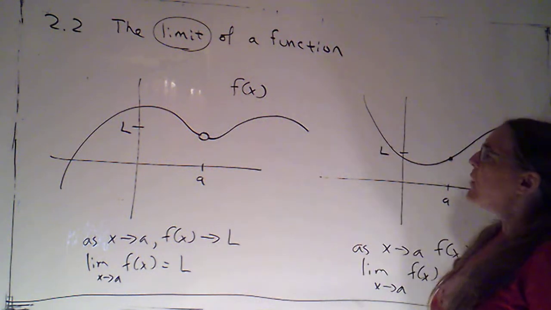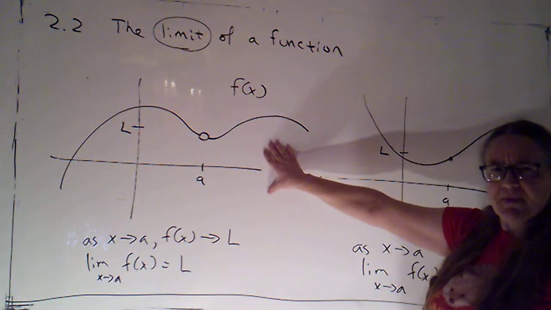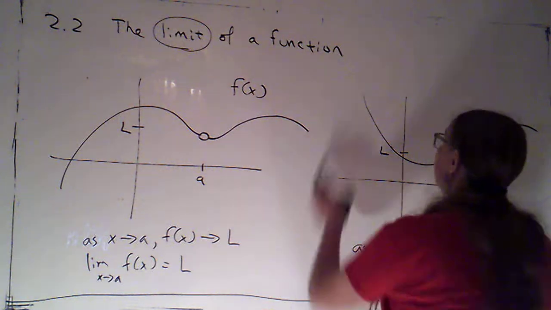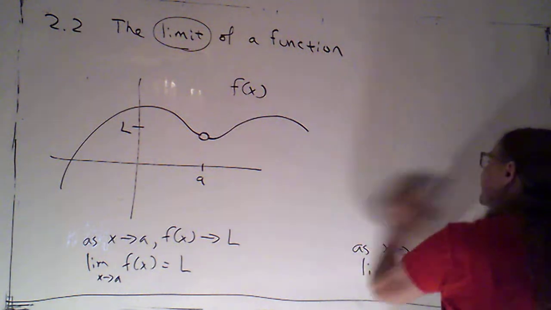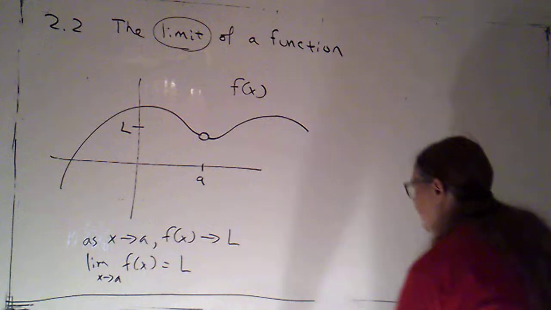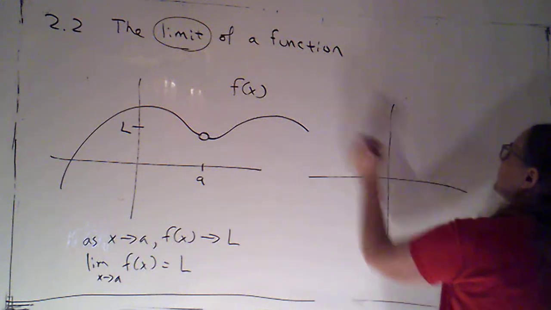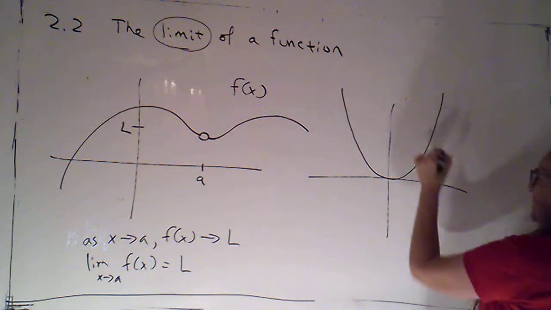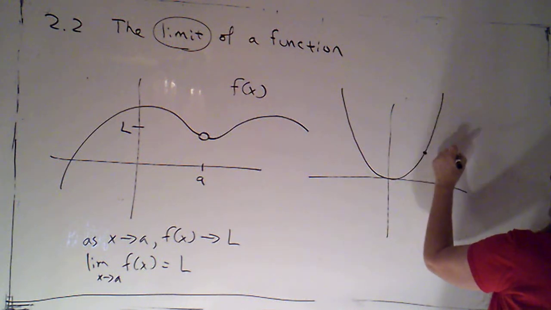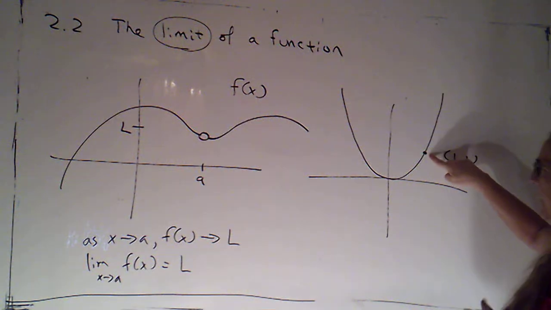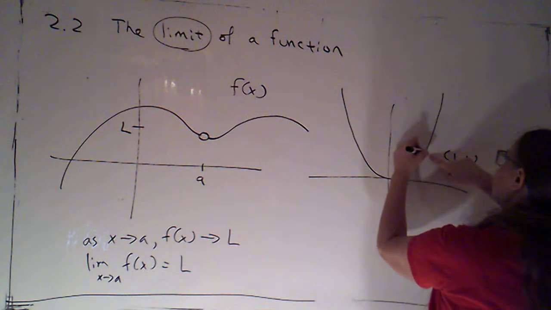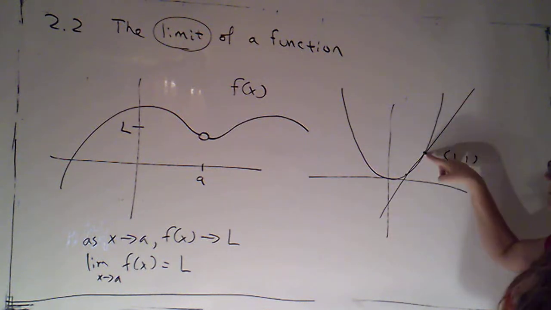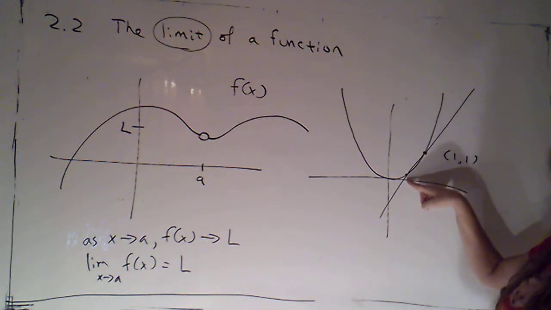So we saw an example that looked something like this. And this is going to be one of the applications that we're going to use for our limits. In the last section, we were taking a look at graphs of functions. For example, we had x squared, and we were looking at the point 1, 1, and we were creating these secant lines that passed through that point and another point.